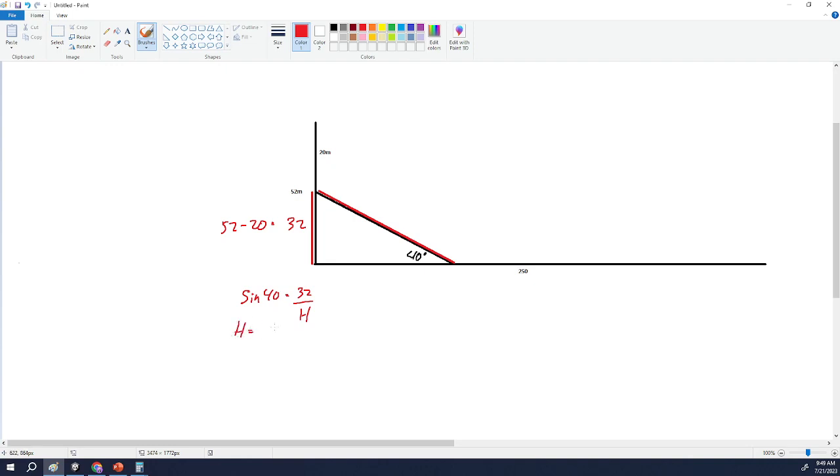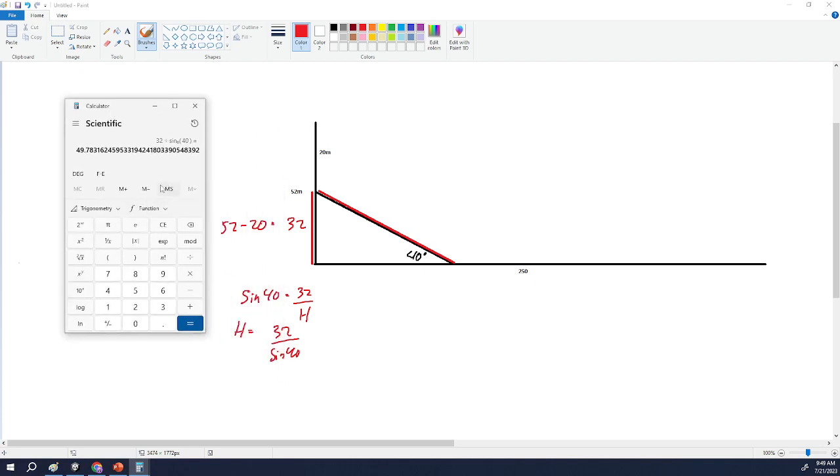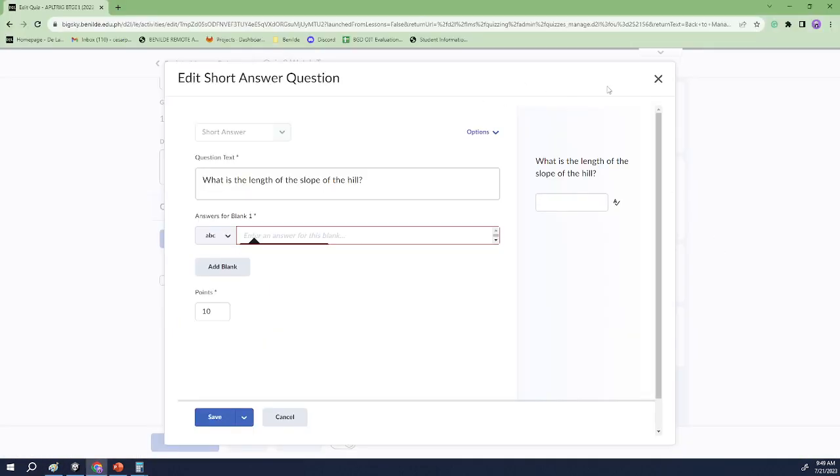We isolate it: 32 over sine 40. 32 divided by sine 40 is 49.78. That is the answer for number 1.